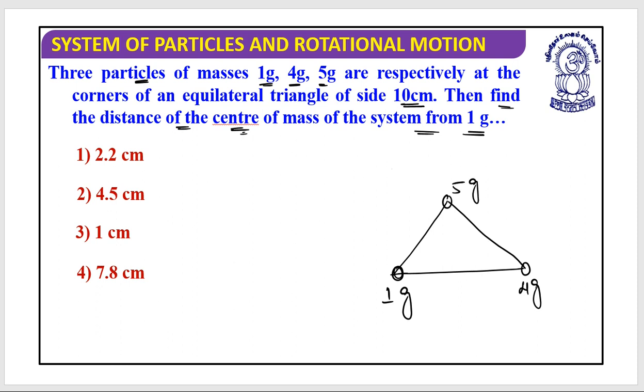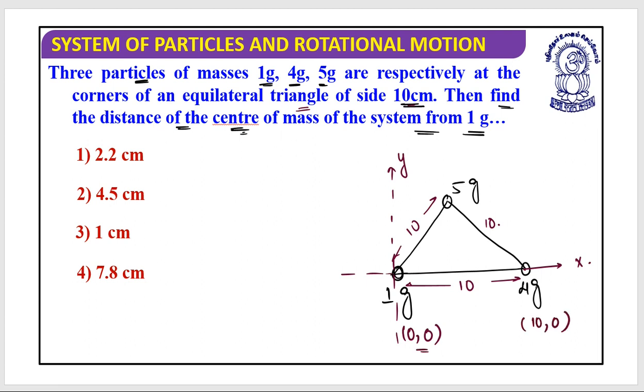So now I can take this as my reference line. This is the x-axis for me, this is the y-axis for me, and this can behave as the origin, 0 comma 0. The equilateral triangle has a side of 10 centimeters, so this would be 10, this would be 10, and this would be 10. The coordinates are 0 comma 0, and this is 10 comma 0.